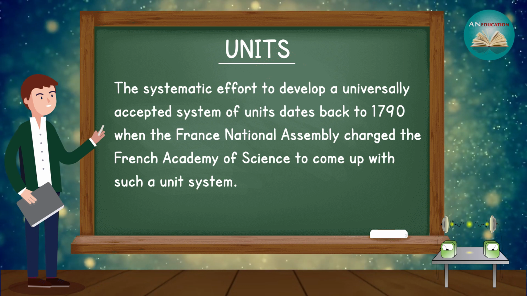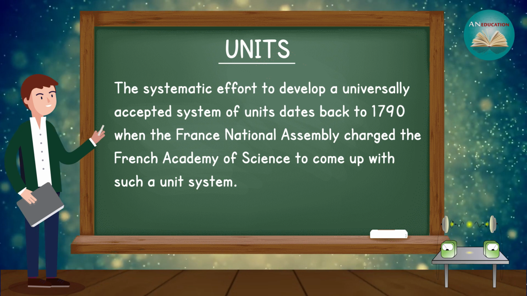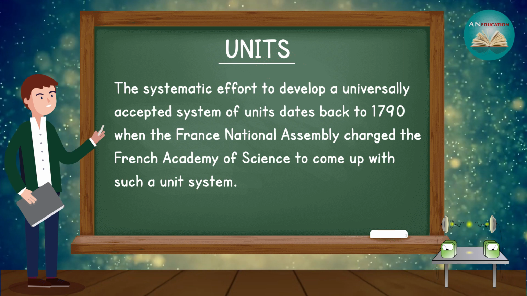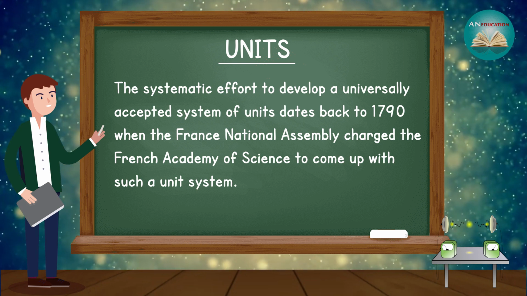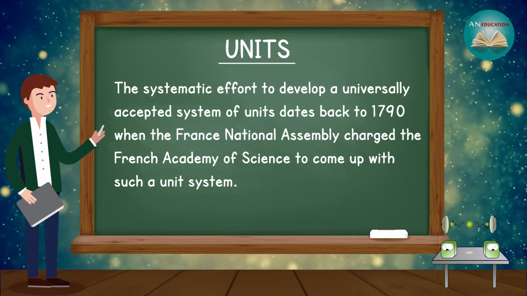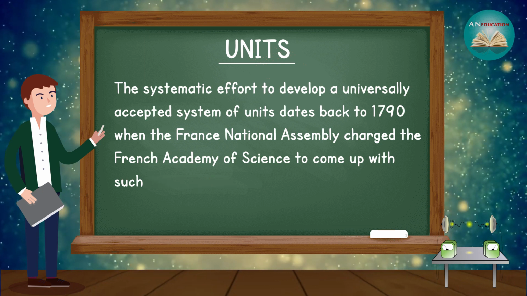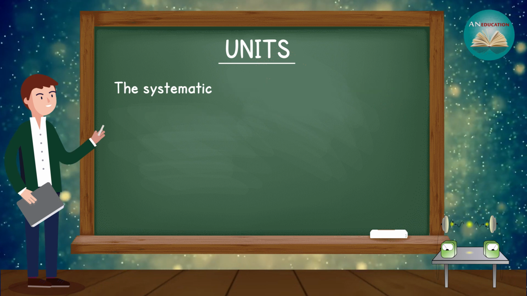This system was the precursor to the metric system, which was quickly developed in France but did not take on universal acceptance until 1875, when the Metric Convention Treaty was signed by 17 nations.